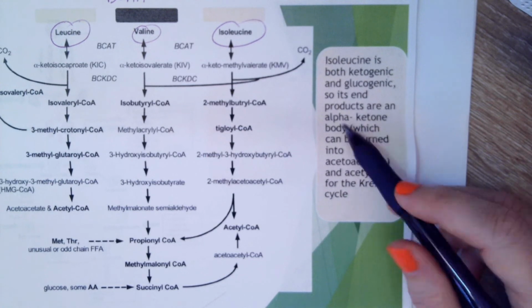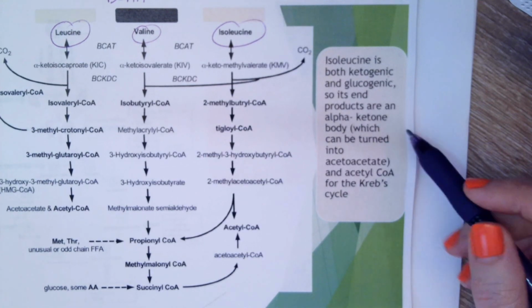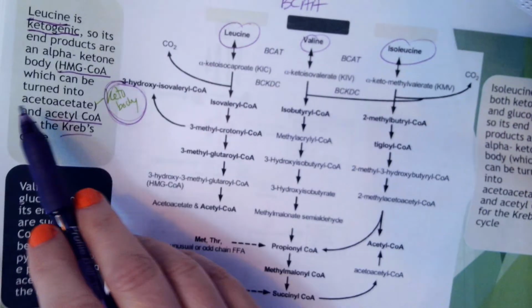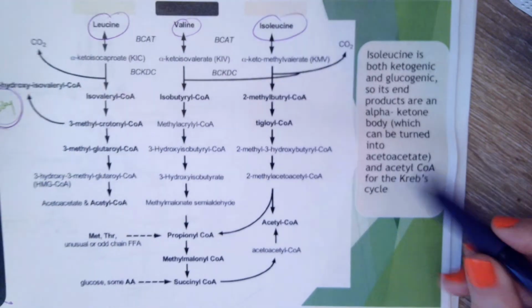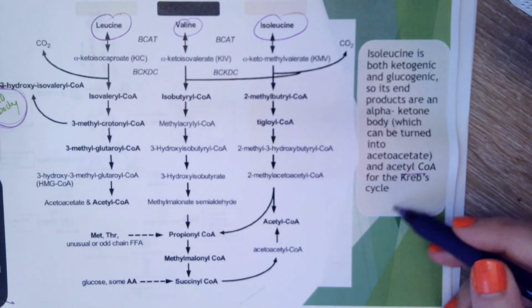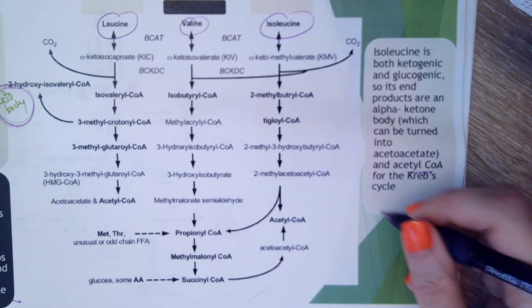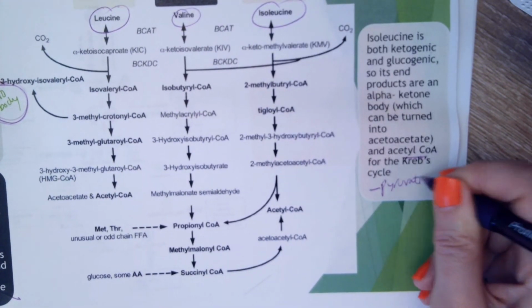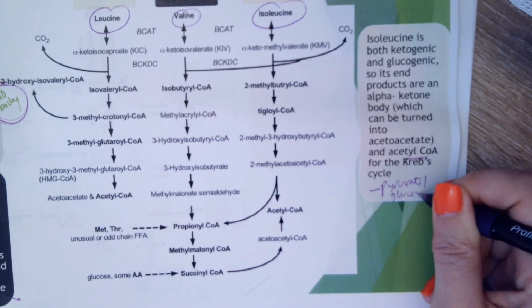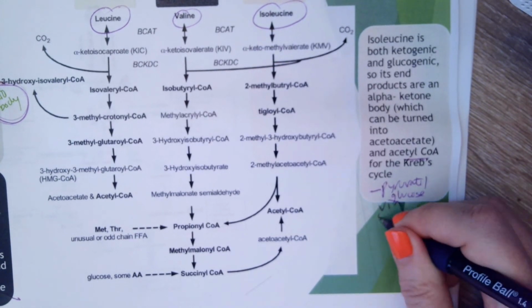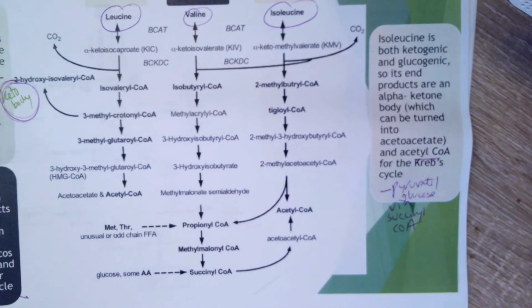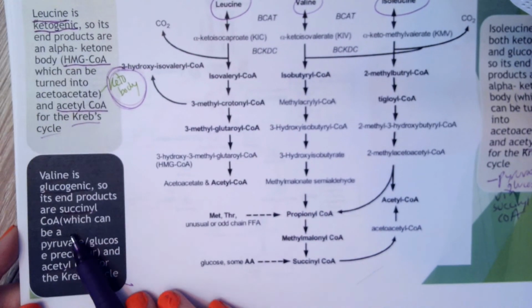But in this case with isoleucine, it's an alpha keto body, which gets turned into acetoacetate, just like over here with leucine, same thing. And acetyl-CoA for the Krebs cycle, but also we could turn it into pyruvate and glucose via Succinyl CoA, just like we did with valine.